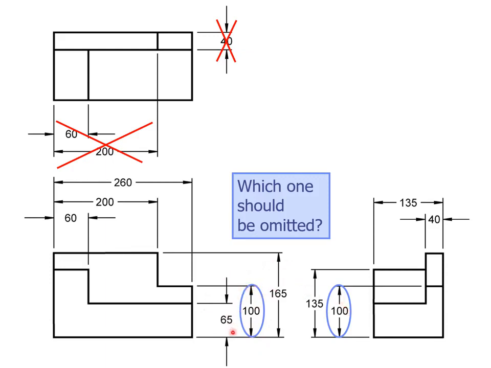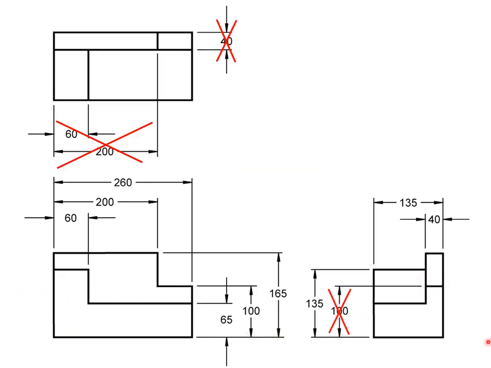It just makes more sense if you leave it here on the front view, because you can see it's measuring a height. We have 100 units from the base to this height. On the right-hand side view, the 100, yeah, it's measuring to this height that we see on the front view, but it's not clear that we're dealing with the height. So it's actually better to eliminate the one from the right-hand side view. It looks cleaner here.